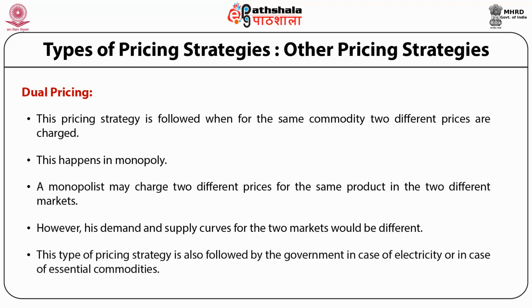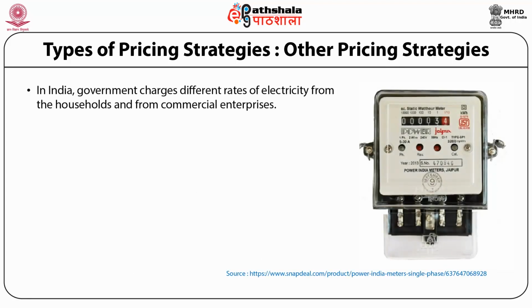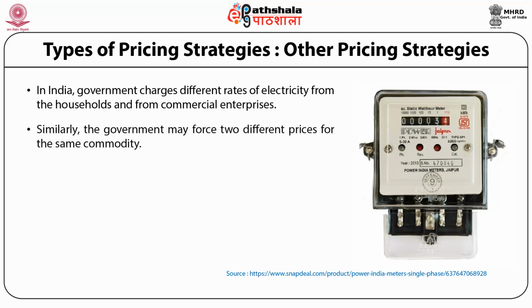This type of pricing strategy is also followed by the government in case of electricity or in case of essential commodities. In India, government charges different rates of electricity from the household and from commercial enterprises.